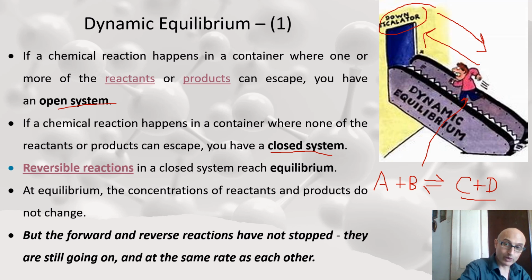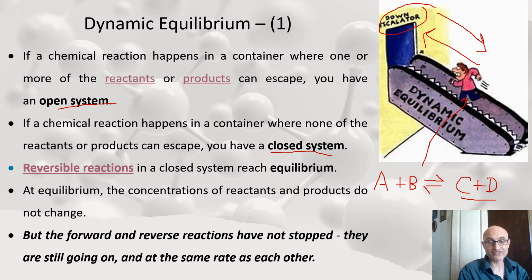So at equilibrium in a closed system, what is happening is that it's like an escalator or like digging a hole. The rate at which you go up the escalator is exactly cancelled out by the rate at which it's moving down.